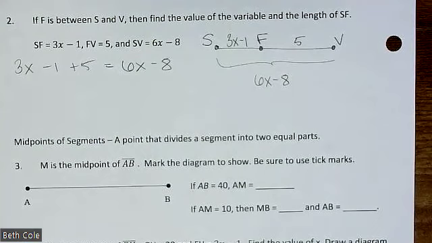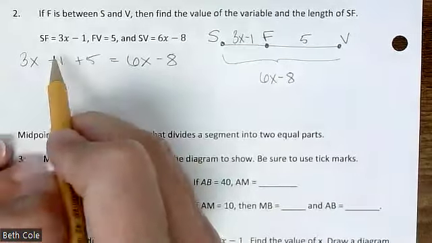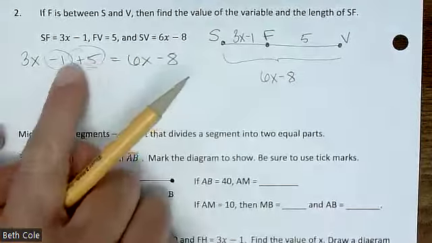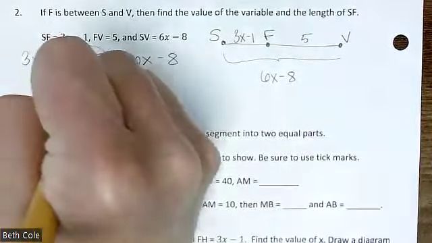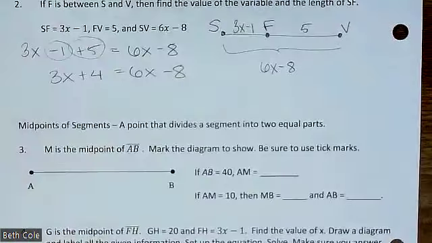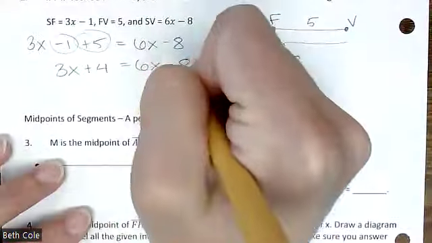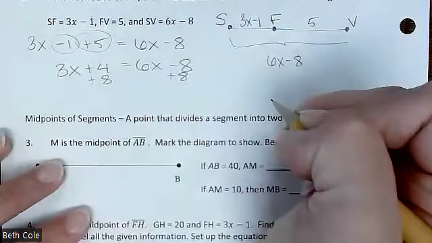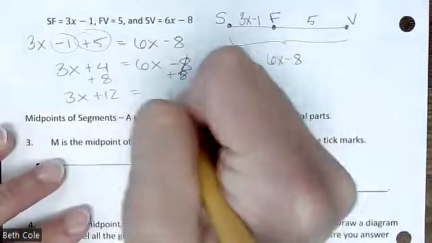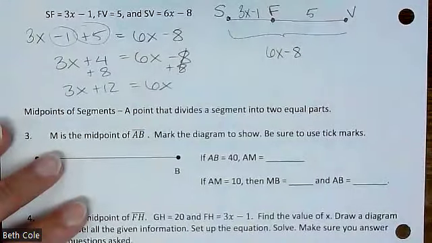So what would you do first to solve? First it's going to be like terms. You're going to combine like terms: negative 1 plus 5 is 4. Then we're going to do plus 8 on both sides. So that'll be 3x plus 12 equals 6x.